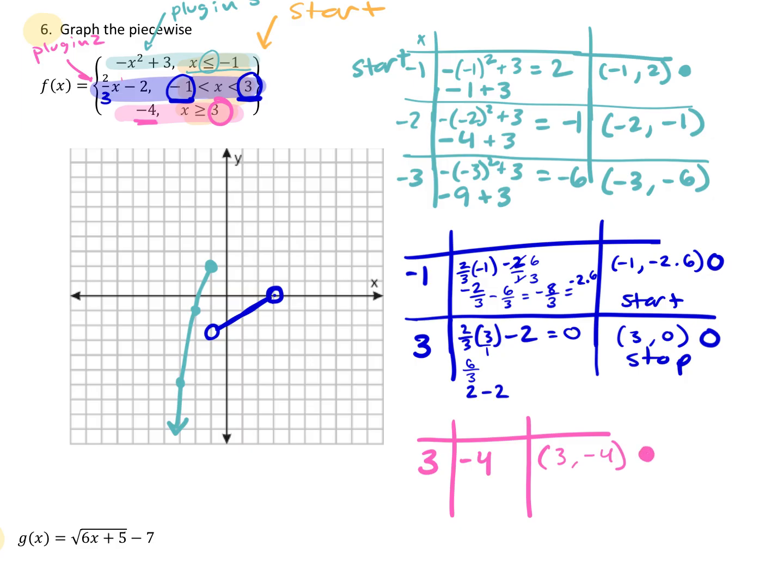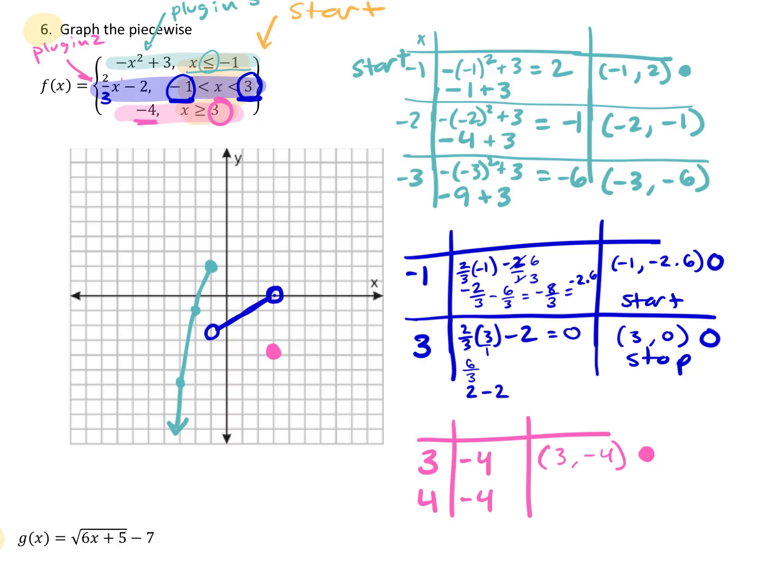So I'm going to go to my graph, go to the right 3 and down -4. Put a closed circle there. We need 1 more point. So what's a number bigger than 3 that we could plug in? 4. Perfect. If I plug in 4, what's our y still? -4.